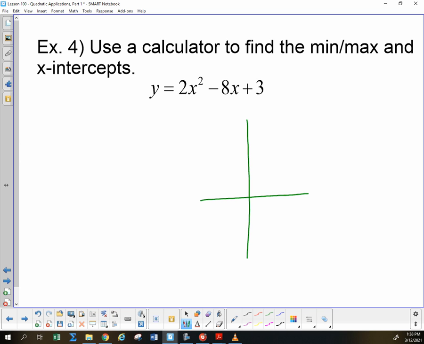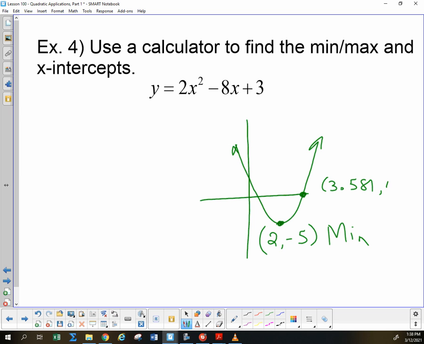And we are going to have a couple of positive x-intercepts. This was (2, -5), and it was a minimum. This intercept was (3.581, 0), and this one was (0.419, 0). Pretty easy for today.